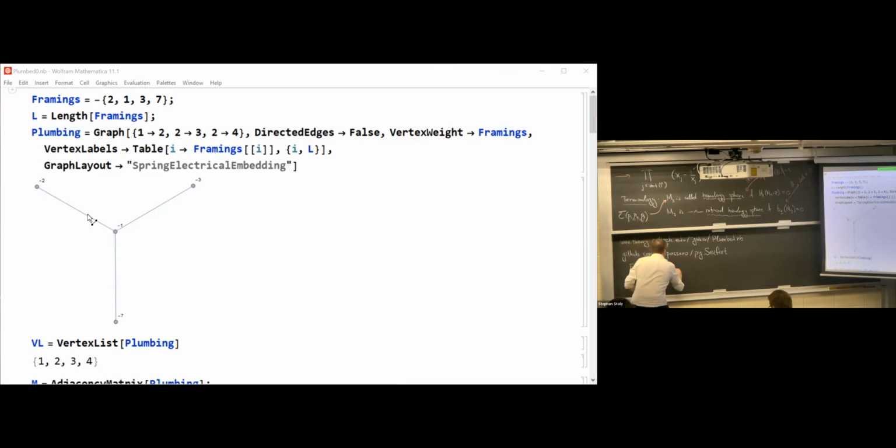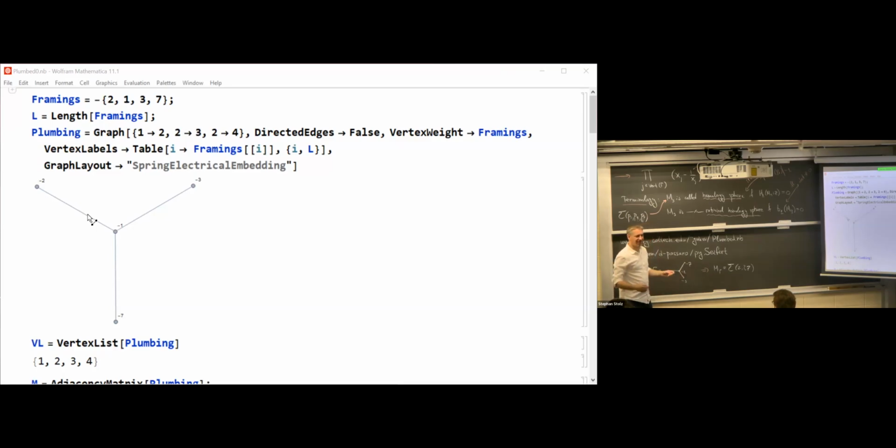Gamma is a very simple graph which has -2, -3, -7, and -1, and the corresponding three-manifold M gamma in this case is Sigma(2,3,7). So you can probably see where the numbers 2, 3, and 7 are coming from. But if you try to generalize it, it's not going to be obvious.